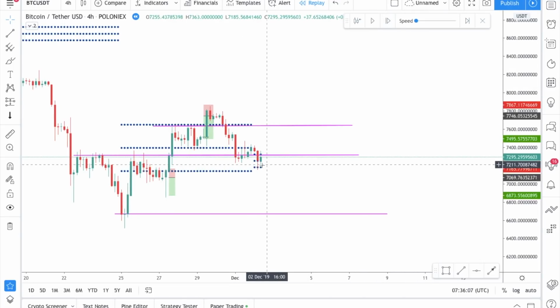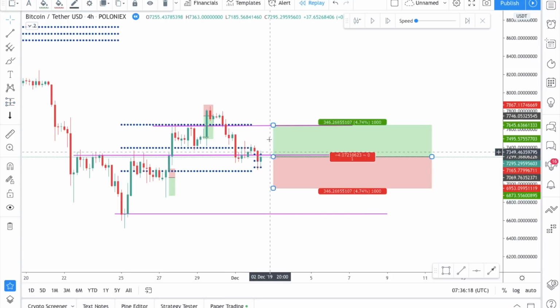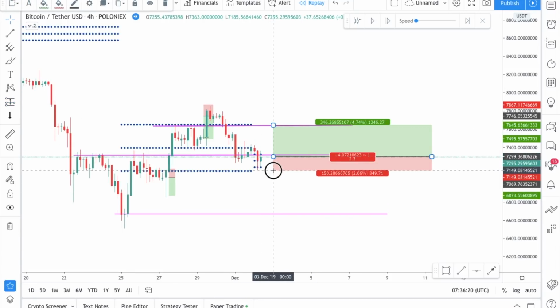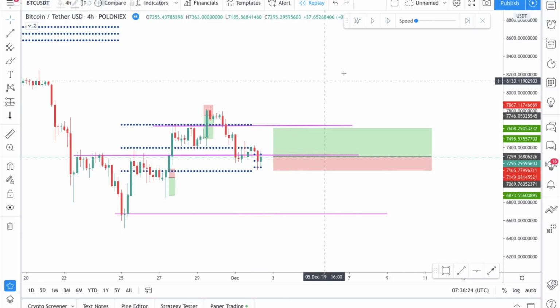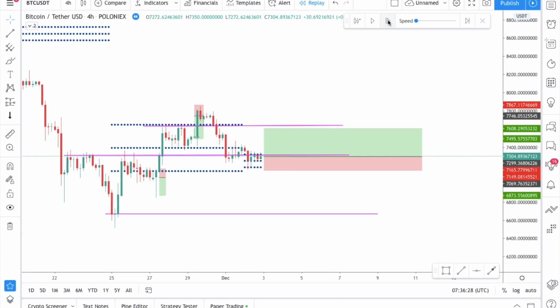A weak rejection like this one. So now what we can do, guys, we can clearly see it's getting rejected to the downside, and also our target is not big, so we are going to take this trade, and let's see how it's going to go.